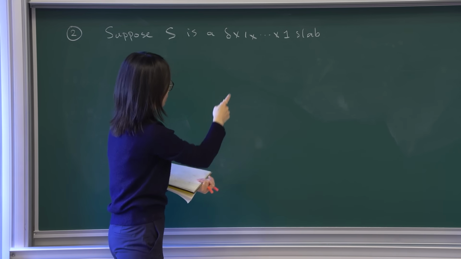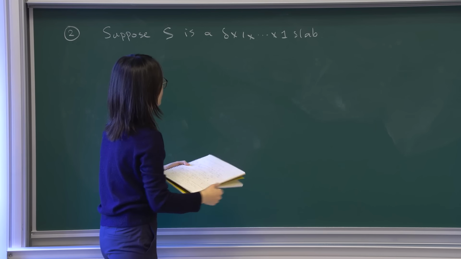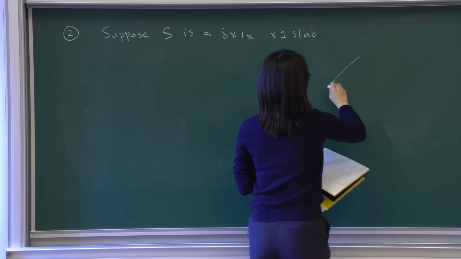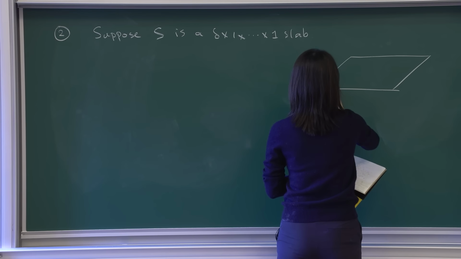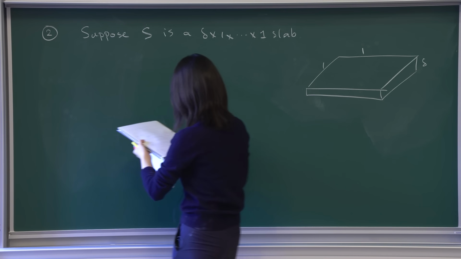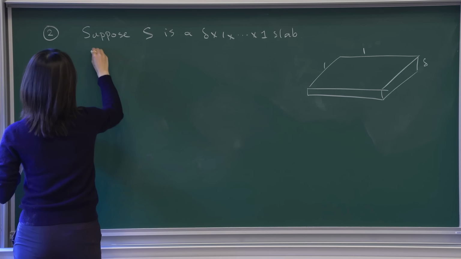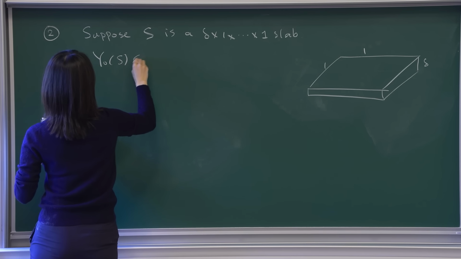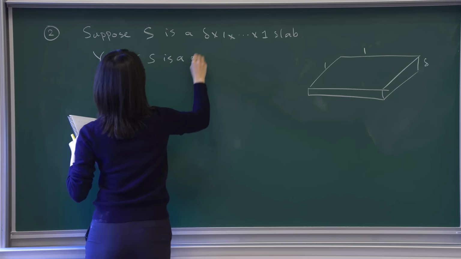You could think of it as rectangular. So this is delta, 1, 1, and Y_0 sub S is a shading.